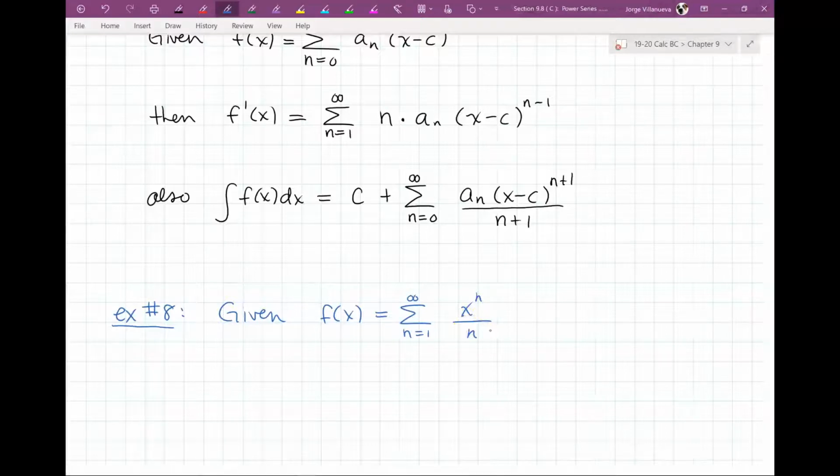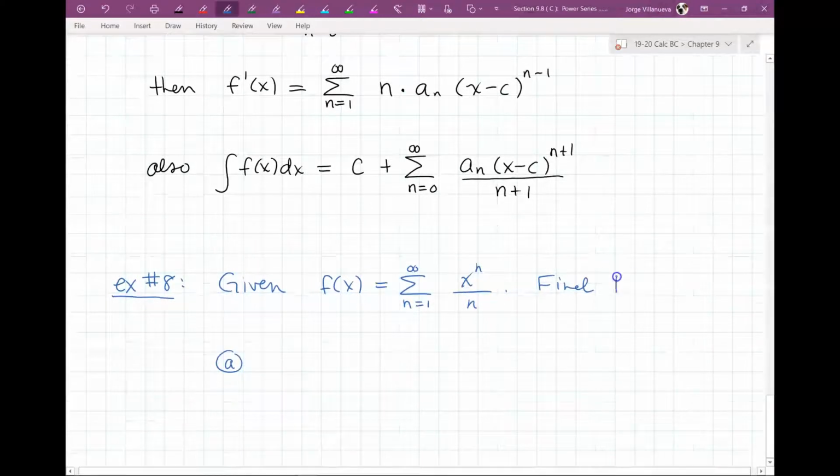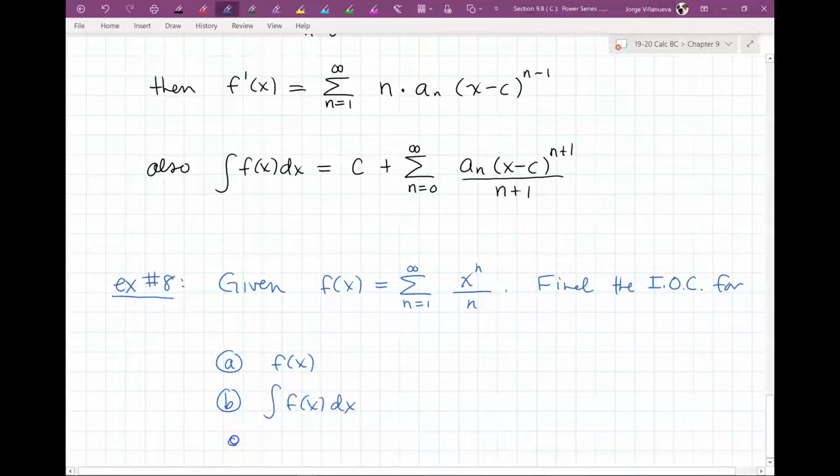So given that, find the IOC, the interval of convergence for, and then A, let's just find the original one first, f of x. And then we'll do the integral, and then we'll do the derivative.